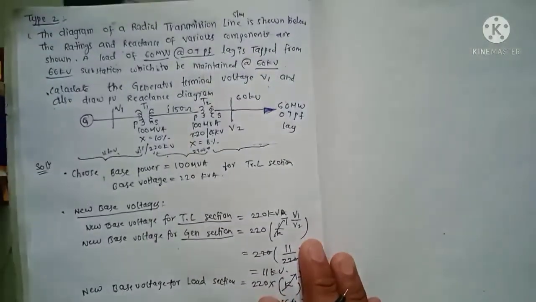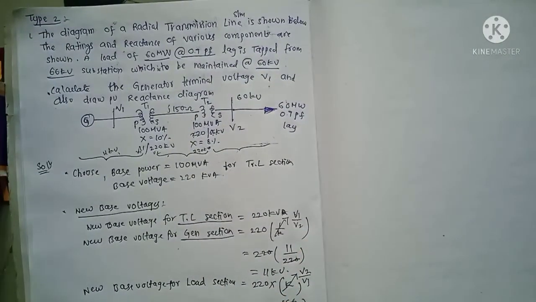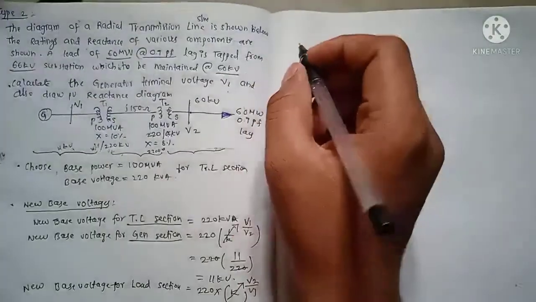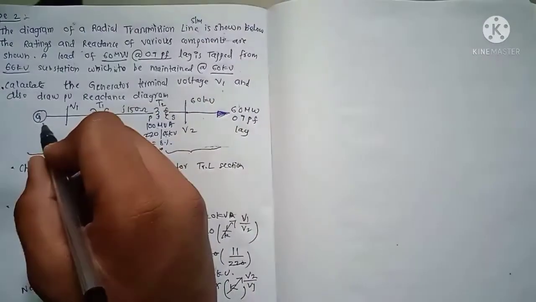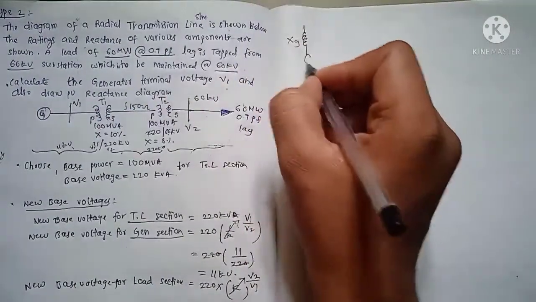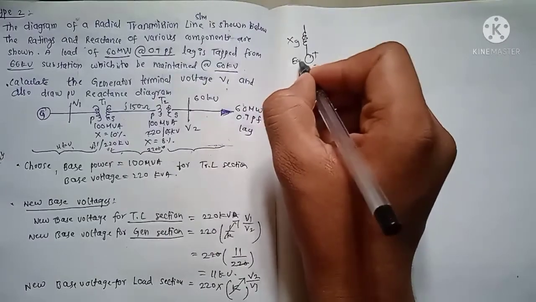Now we need to draw the PU reactance diagram. In the PU reactance diagram, for the generator, connect XG in series with EG.